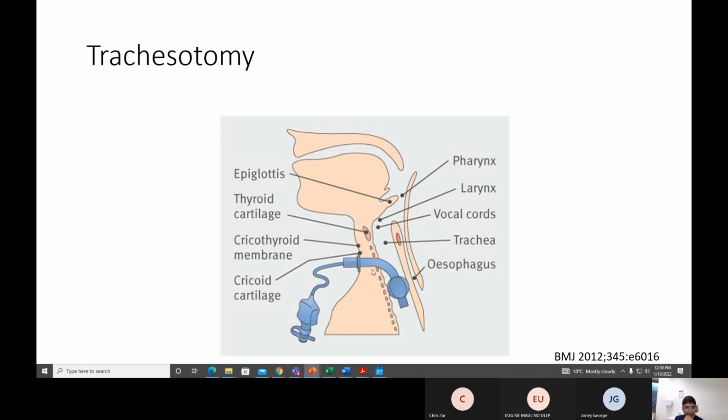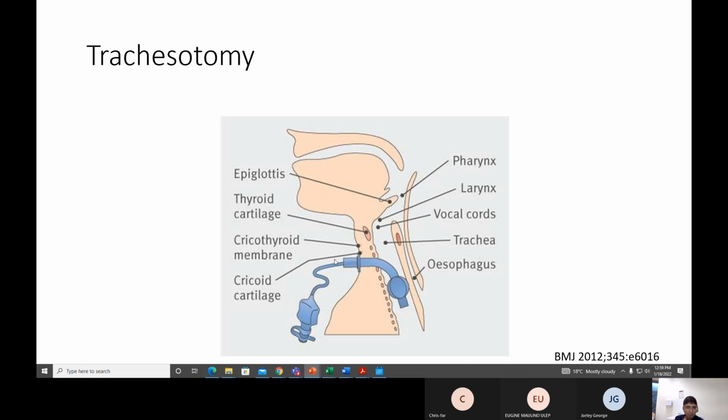This tube is left in place for a good few days so that a stoma or a tract will form from the skin to the trachea. And once this is well formed, it stays open. If you take the tracheostomy out, it will stay open for a temporary period of time, usually a few days, but it will become narrower and narrower as time goes by, and it may shut.